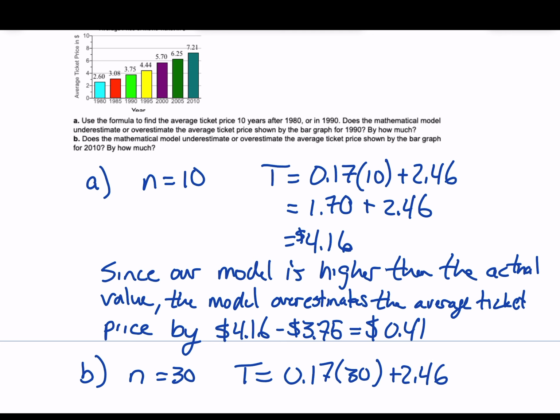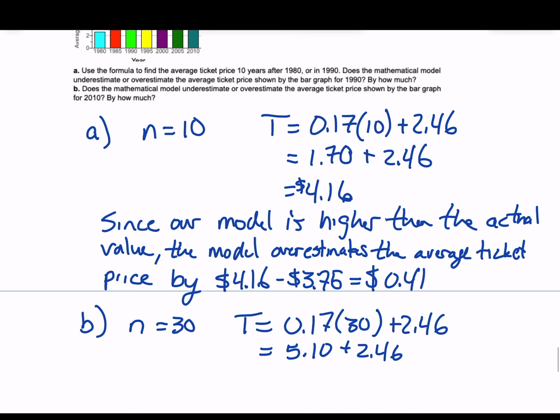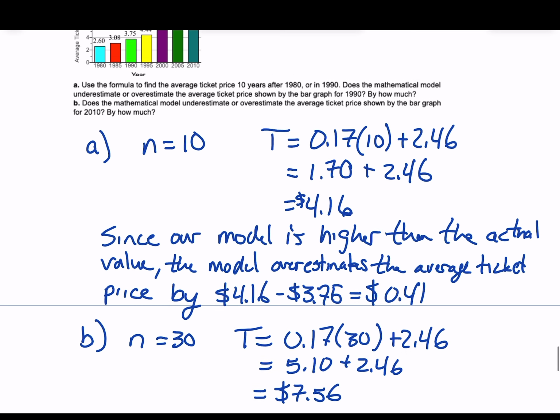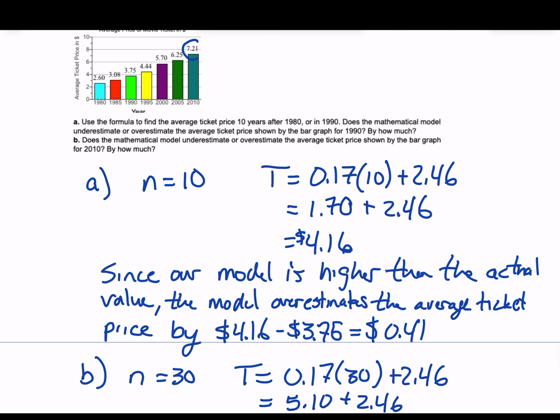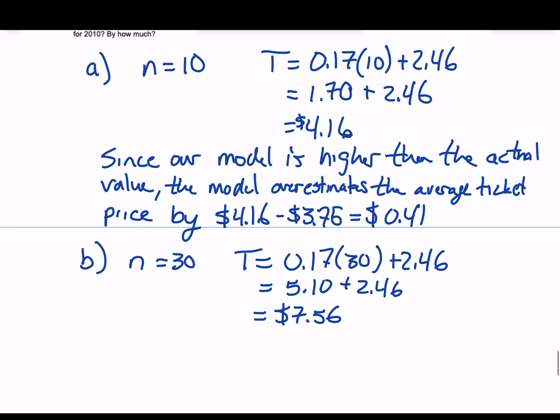0.17 times 30 is 5.10, plus 2.46, which gives us a total of $7.56. And what was the actual value for 2010? It was 7.21.